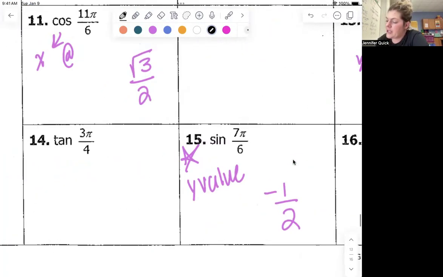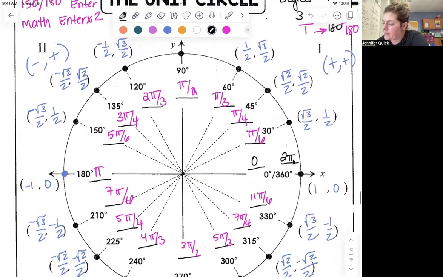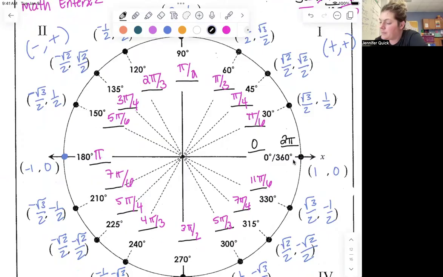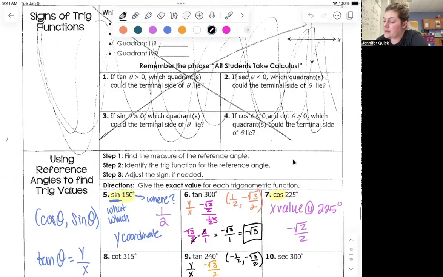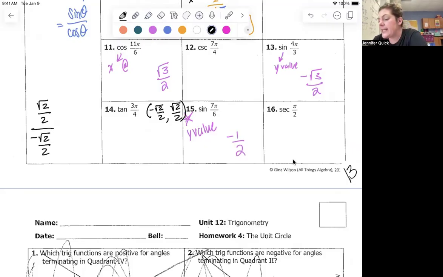Okay. Tangent of 3 pi over 4. So if I go 3 pi over 4, this one right here, 135. This one is those first square roots of 2, but this is actually not bad. So remember, it's negative square root 2 over 2, square root of 2 over 2. So it's the y over the x, so it'd be the square root of 2 over 2 over negative square root 2 over 2. Now, if you see it, great.